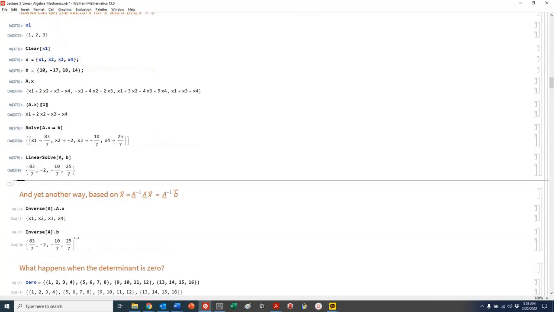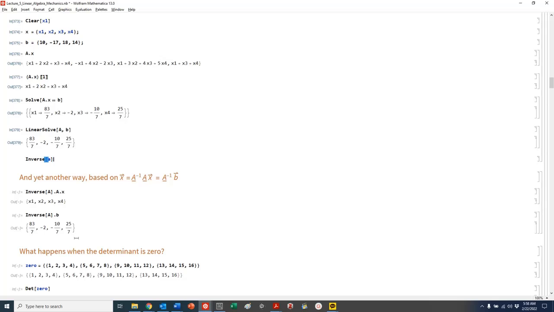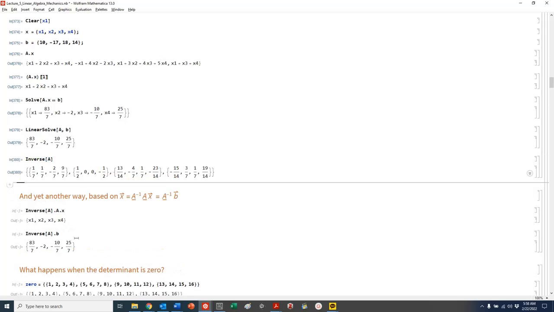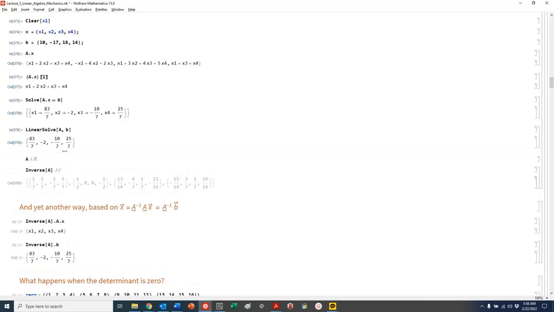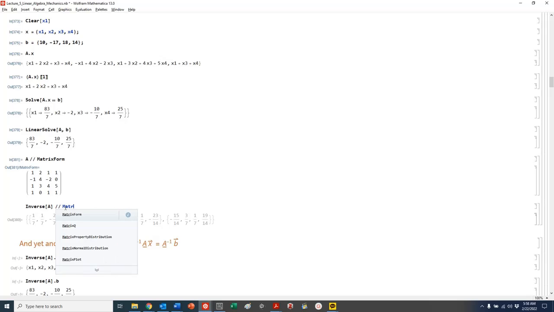Now we don't want to write it that way because, for example, if I do the inverse of A, let's look at this. First let's look at A in matrix form. Let's do the inverse of A in matrix form.